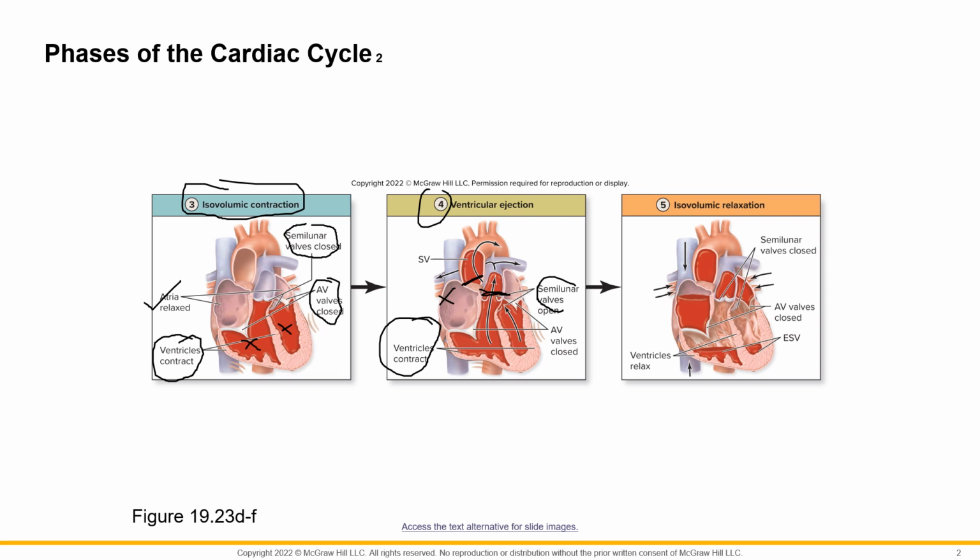The volume of each ventricle decreases and the pressure inside each ventricle increases. That causes these semilunar valves to open, and from the right ventricle, blood goes through the pulmonary semilunar valve into the pulmonary trunk and off into each of the pulmonary arteries, from where it goes to the lung for the carbon dioxide to become gas and exit into the atmosphere.